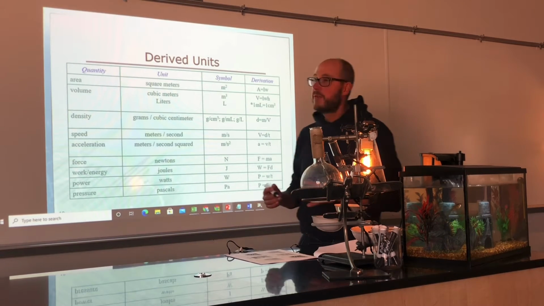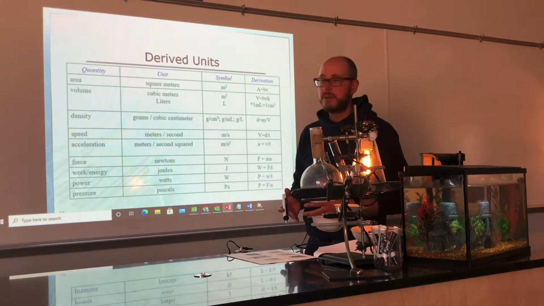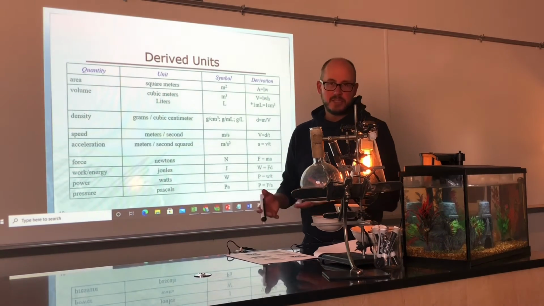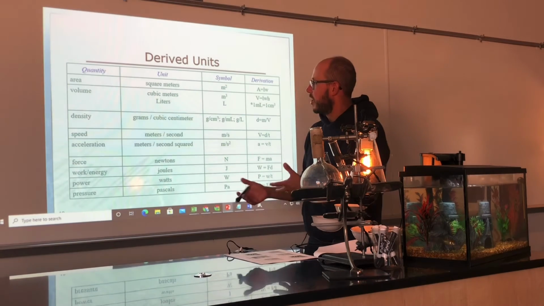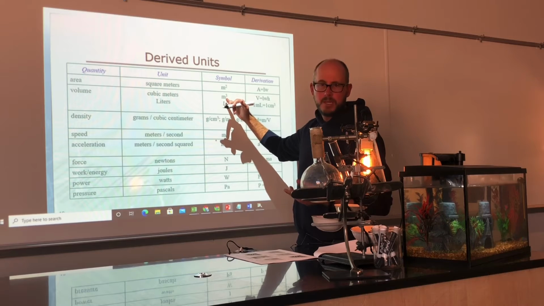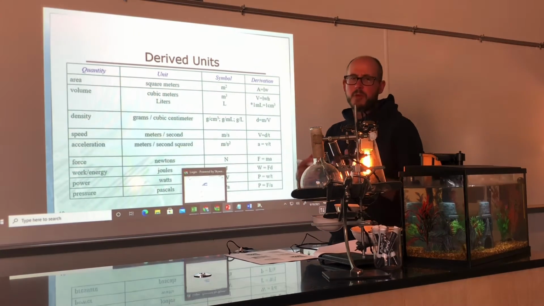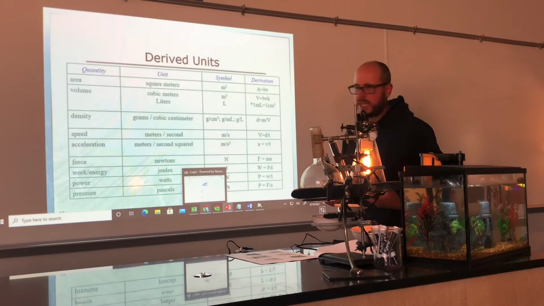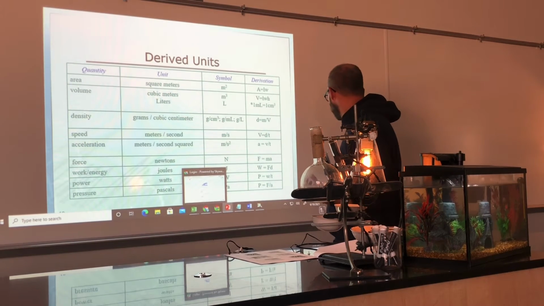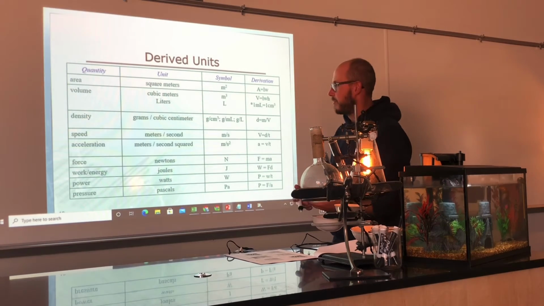However, we like to simplify derived units the best we can to make them easier to describe and talk about. So we also use liters as a measure of volume. Now when you look at cubic meters, you can tell it's derived because you see meter, meter, meter. When you see liters, you just see an L. So we have to remember that that's based on a definition, and it's still made up of other measurements.